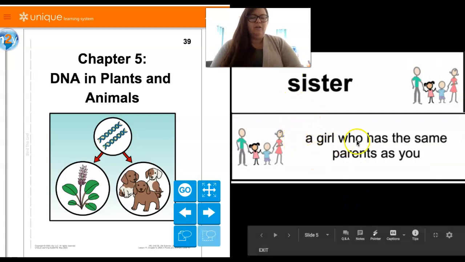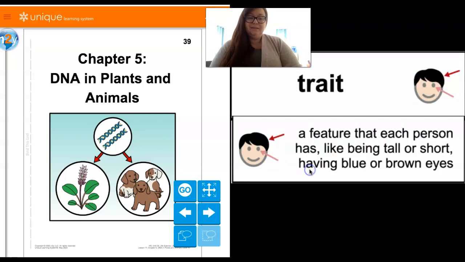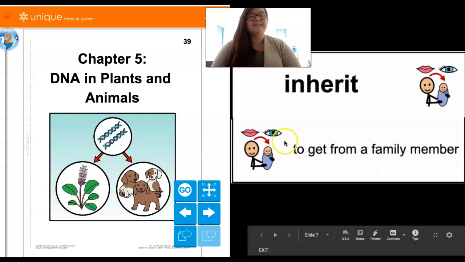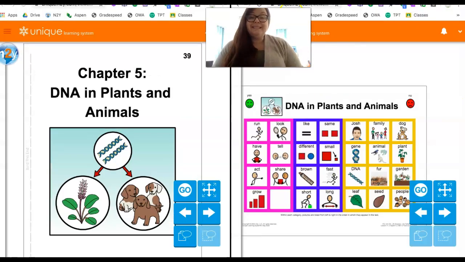Sister, a girl who has the same parents as you. Trait, a feature that each person has, like being tall or short, or having blue eyes or brown eyes. And inherit, to get from a family member. Let's see if we find any of our words on our communication board.